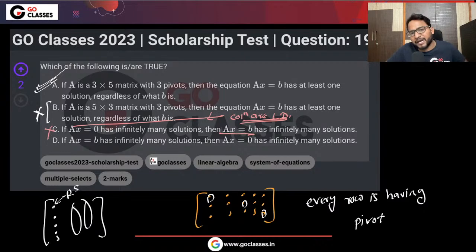Actually, from the university I have taken this from, they have marked C as correct. Maybe their context is different or the answer is wrong. But as we can see, Ax equal to B may not have any solution.